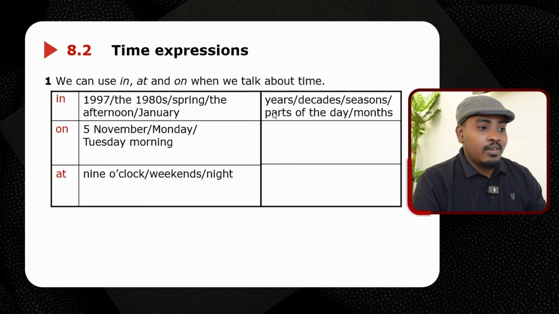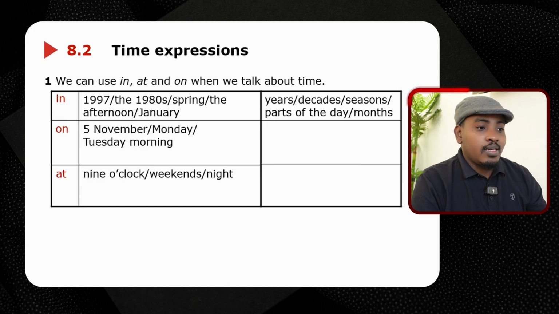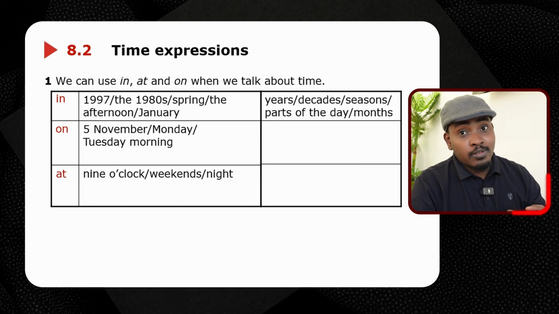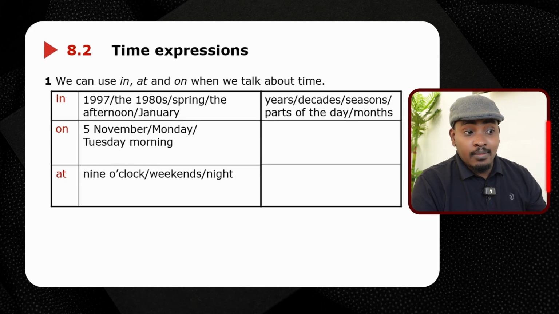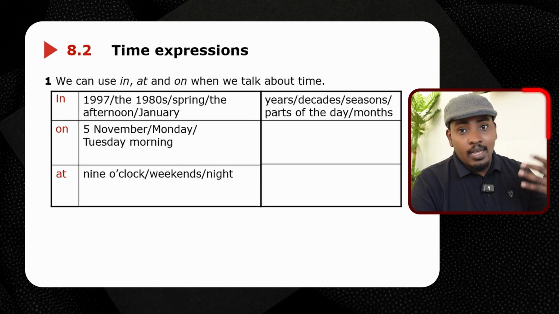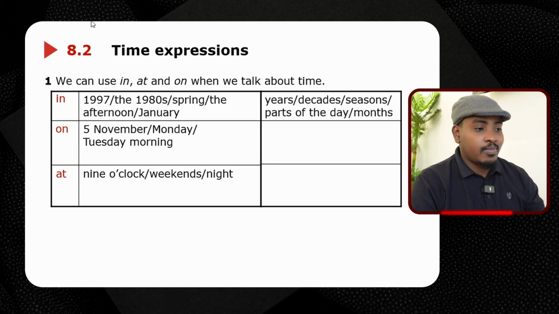Okay. Also here, we said we use in with years, decades, seasons, spring, fall, winter, summer. In summer, in spring, in fall, in winter. Also part of the day, right? And also months. Part of the day like in the morning, in the afternoon, months, in January, in Ramadan, in March. Okay, on 5 November.